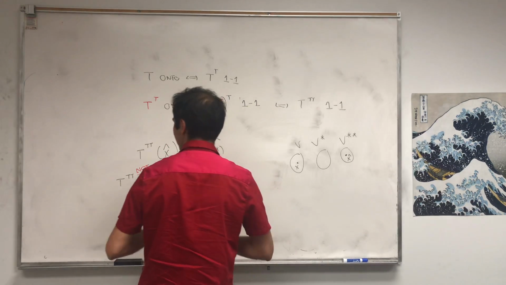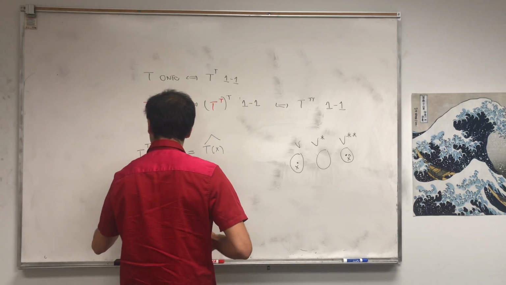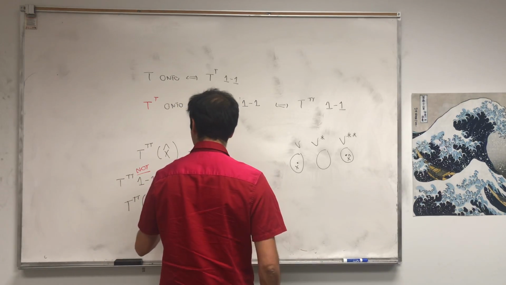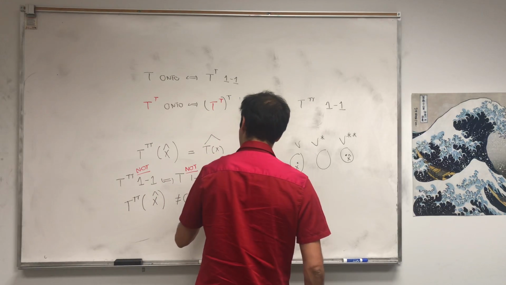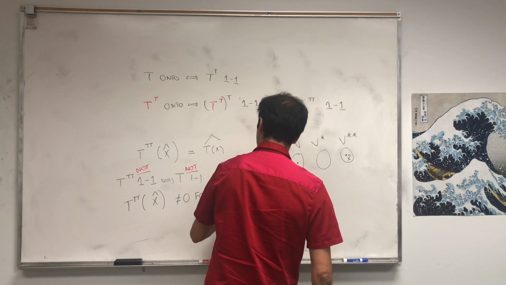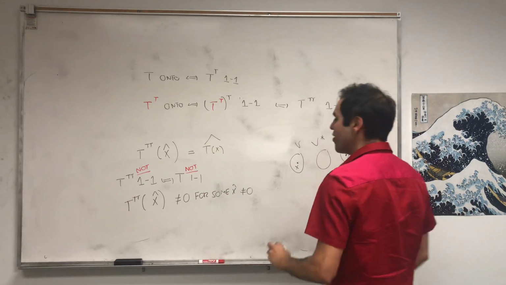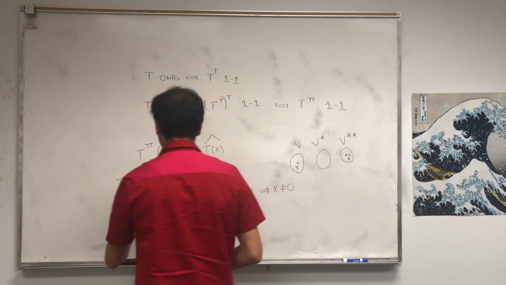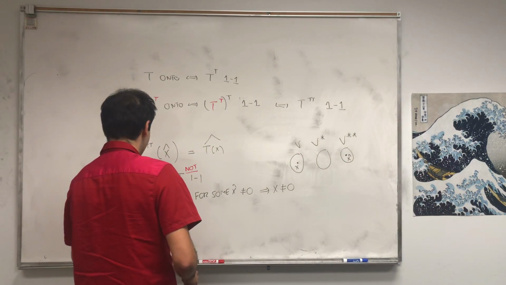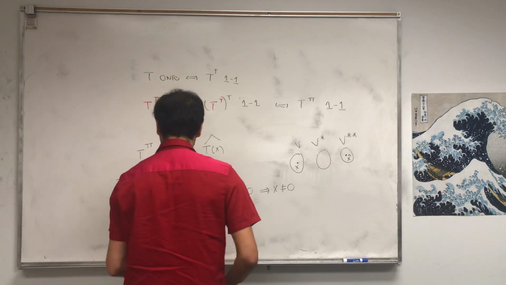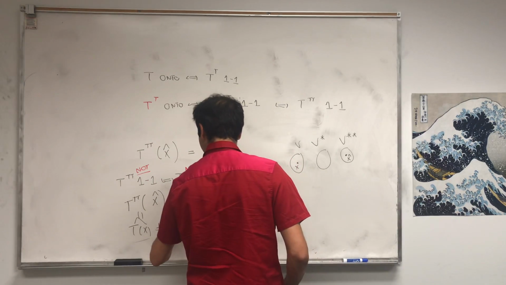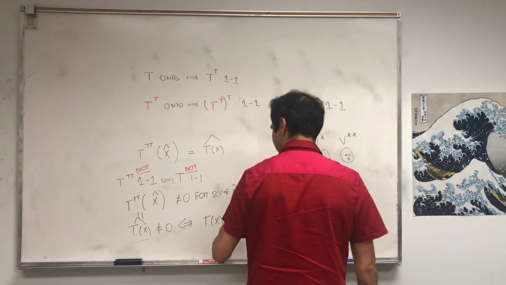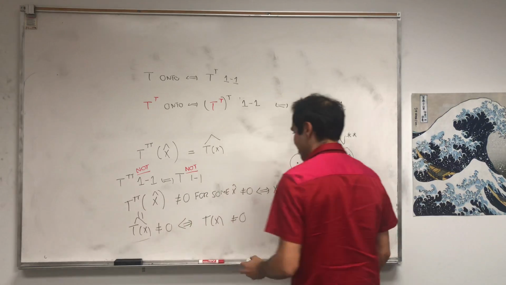Okay, well, suppose T transpose transpose is not 1-to-1, so T transpose transpose of x hat is not equal to 0 for some x hat not equal to 0. But the only way x hat cannot be 0 is if x is not 0. And in particular, what do we know? This means T of x hat is not equal to 0. And the only way this can happen is if T of x is not 0, because here hat is also an isomorphism.